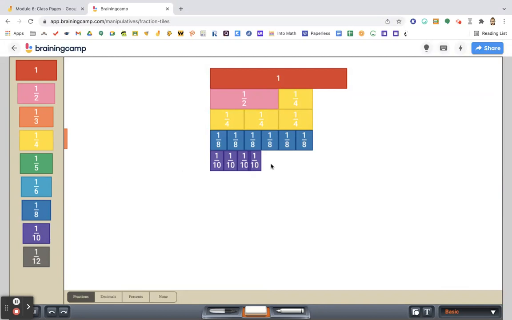Try 1/10. That's not going to work. And then 1/12. That works. So all those will work.